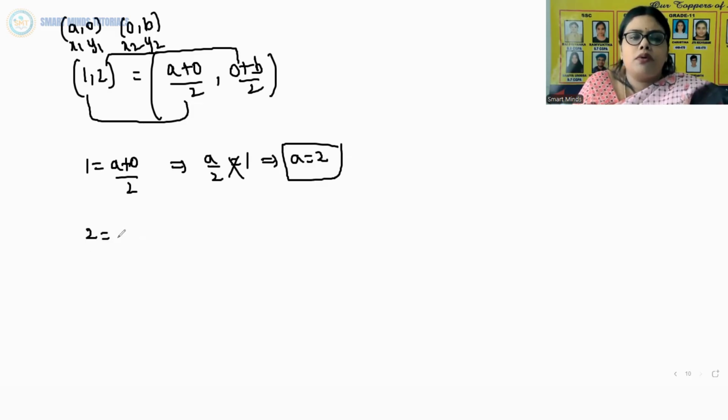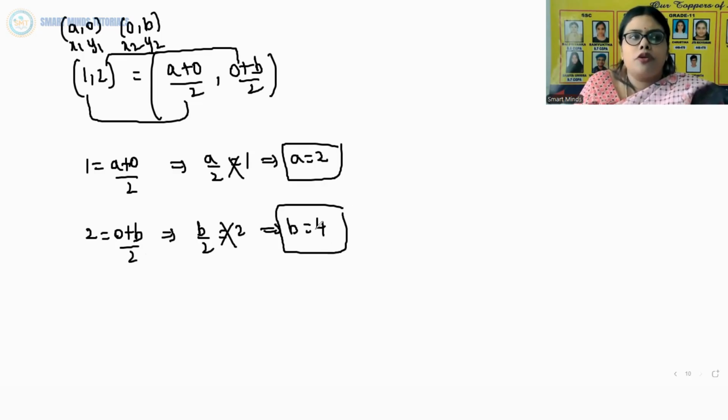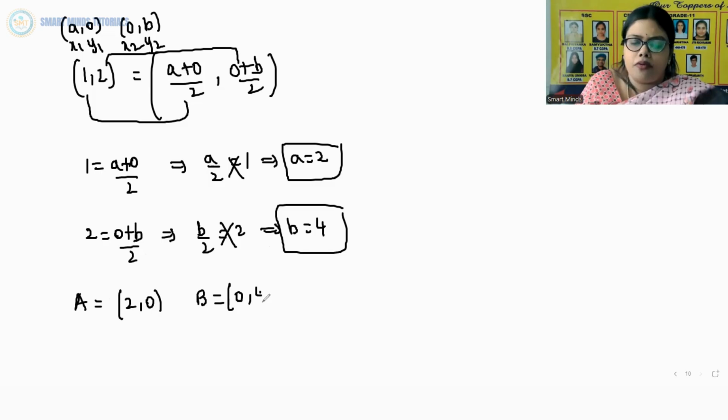Now 2 is equal to 0 plus b by 2. So b by 2 equals 2, cross multiply, you will get b is equal to 4. So you got a and b values. So what are the points? The point is 2 comma 0 and the other point is 0 comma 4.